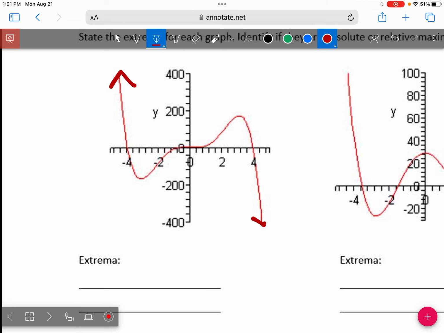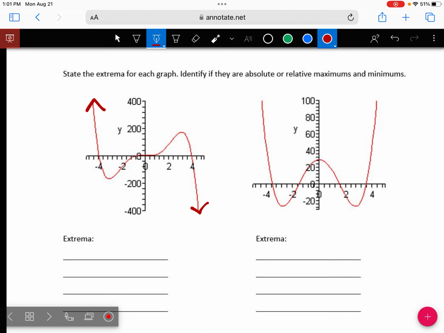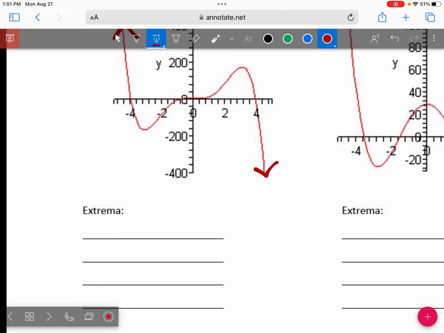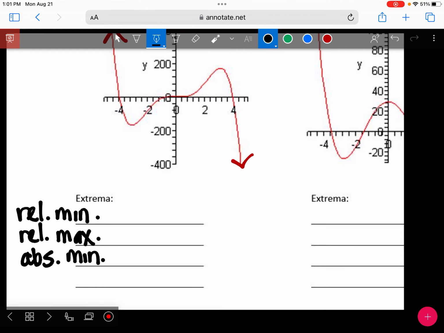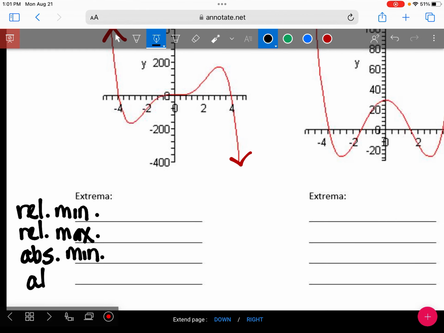Add arrows. And then can you also, down the side, list. We're going to write relative min, and we'll abbreviate. Relative max, absolute min, absolute max.